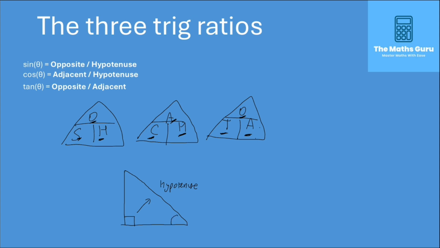Then say we have an angle either here or we have an angle here. Whichever side the angle is on, the opposite of that is going to be our opposite. And the side remaining is going to be our adjacent. So if the angle's here, this side becomes our opposite. If not, the other side is.